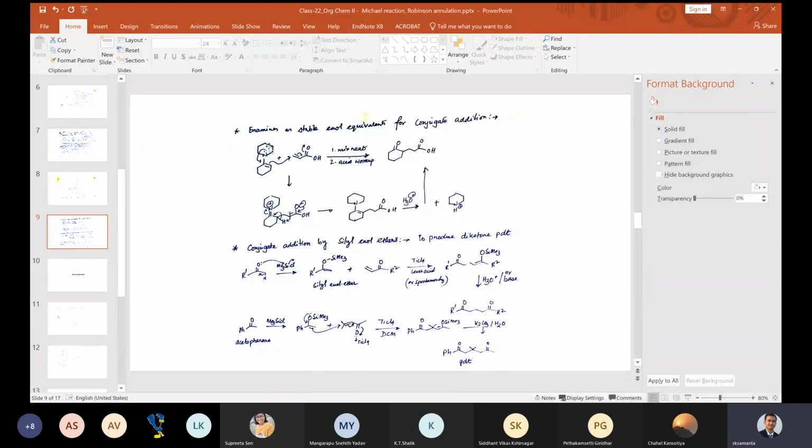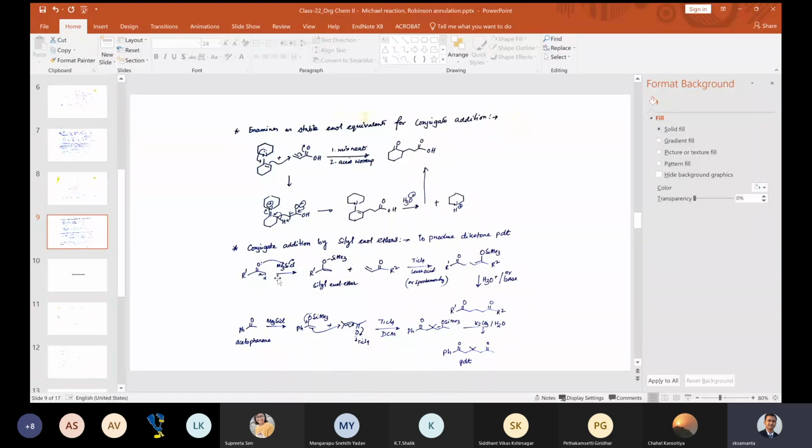In this case, this lone pair comes in, this double bond can attack, and once it comes back, you get this product. But if you hydrolyze this one, this lone pair comes in, this comes, so you form this kind of double bond, water attacks the center, and this amine part goes away so that you get this keto compound. Okay.